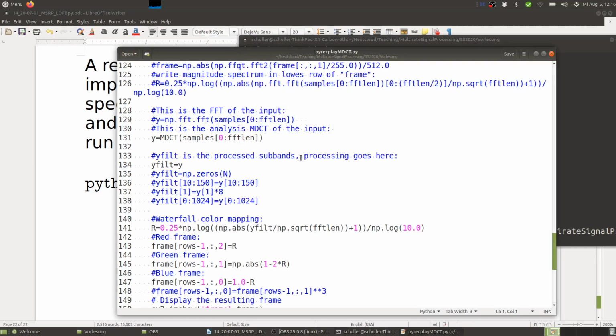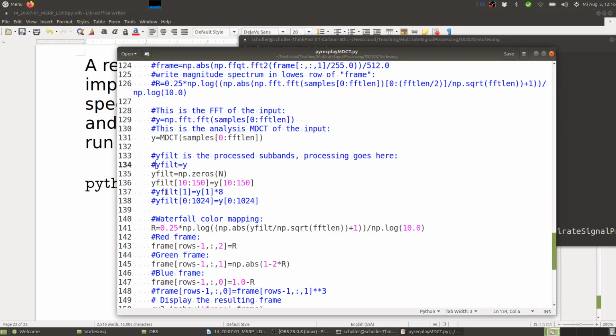We could also try some processing here. I have some examples. Say here I just keep the subbands between k equals 10 and k equals 149. So I assign everything else to 0 here. So this is like keeping just a narrow piece of the total spectrum.